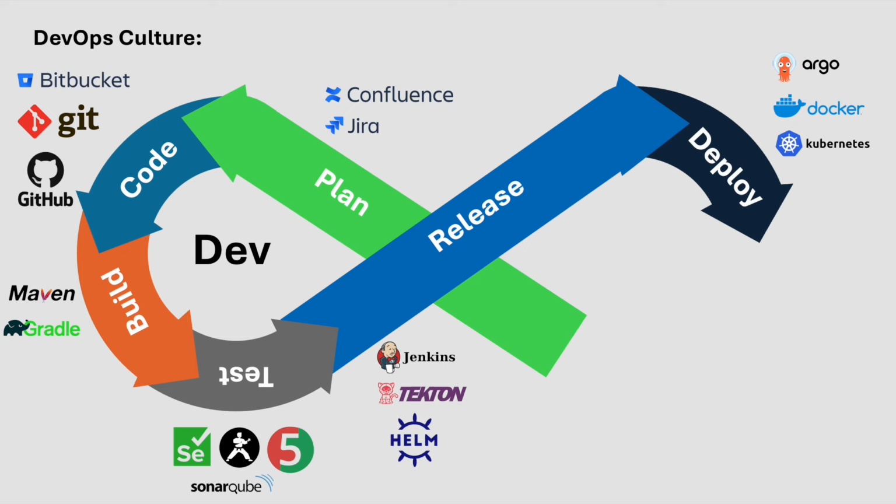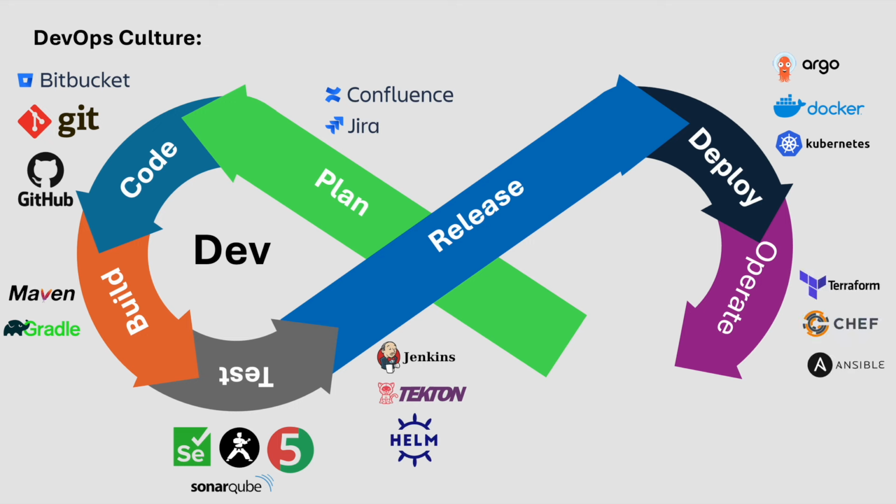Once the software is deployed, the DevOps culture introduces the principle of "you build it, you run it," meaning developers are more involved in the operational side. When something goes wrong, they work closely with operations to resolve it. Tools like Terraform, Chef, and Ansible help manage infrastructure as code, ensuring smooth operations and faster issue resolution.